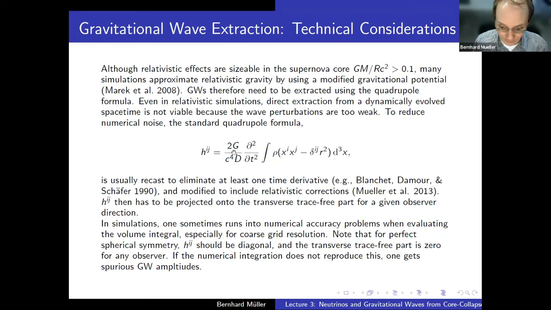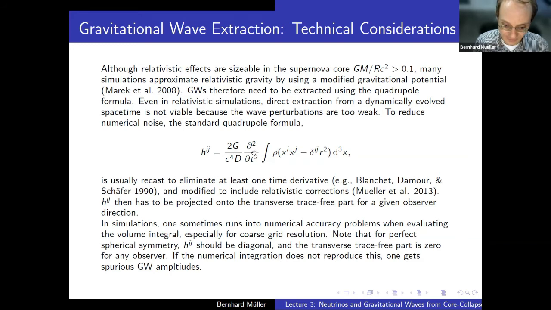Now the quadrupole formula, if you actually spell that out completely and do it in a more rigorous way than I have written it down on the first slide, expresses the strain in terms of the second time derivative of the symmetric trace-free part of the quadrupole moment.